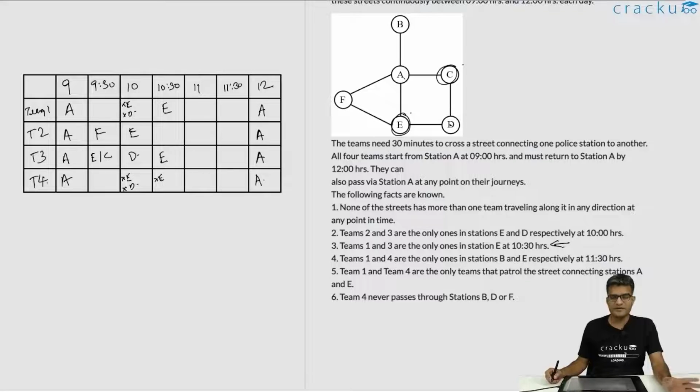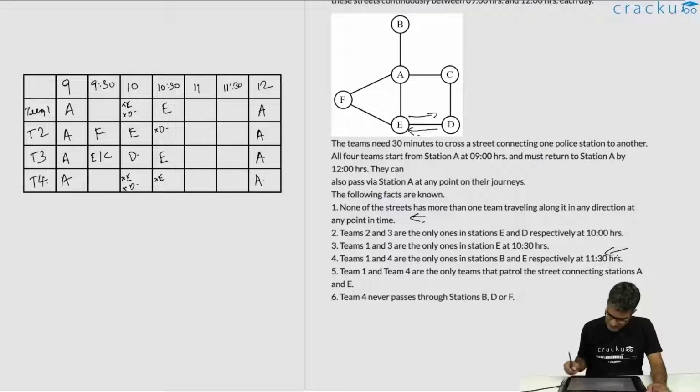Team 2 cannot go from E to D, so this will not be D, because team 3 is going from D to E between 10 and 10:30. At 10 o'clock, team 2 is in E. So at 10:30, it cannot be at D, because of the rule that at no point are 2 teams going to be on the same street.